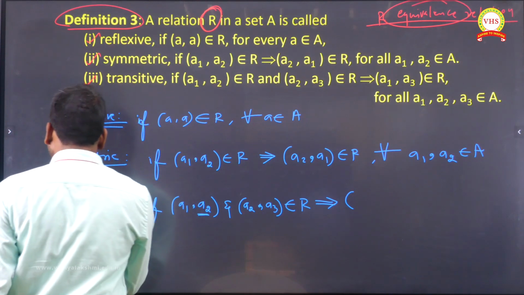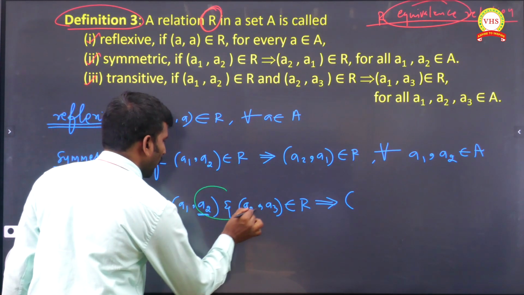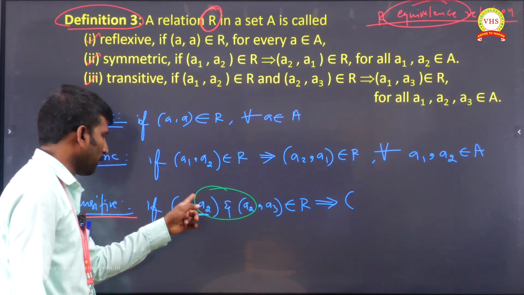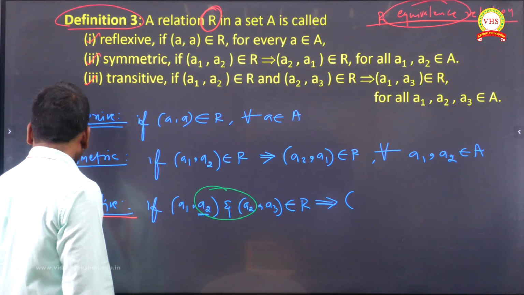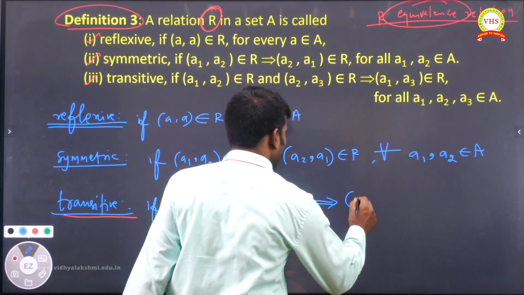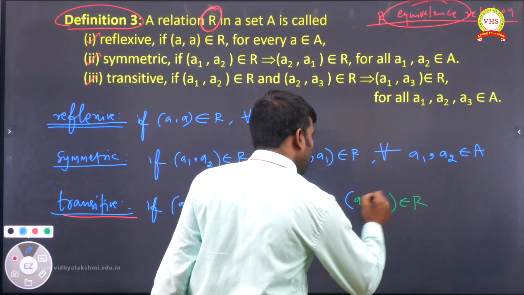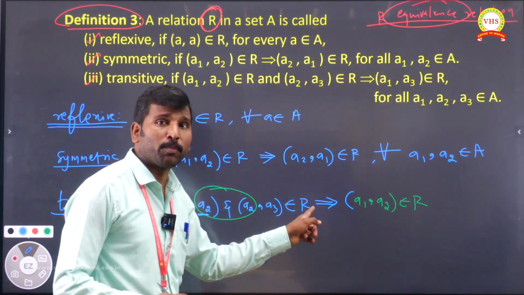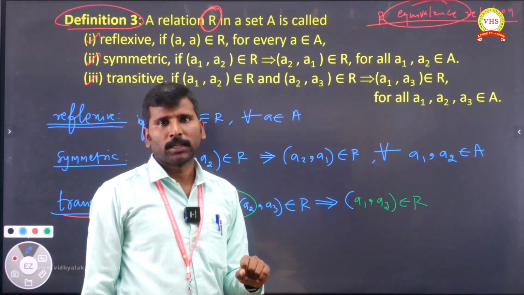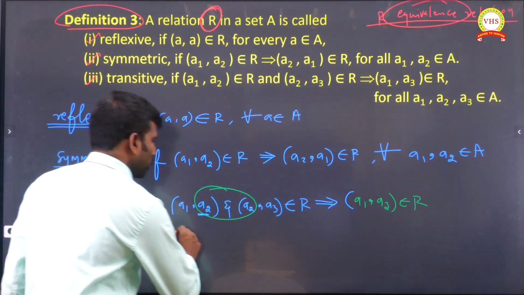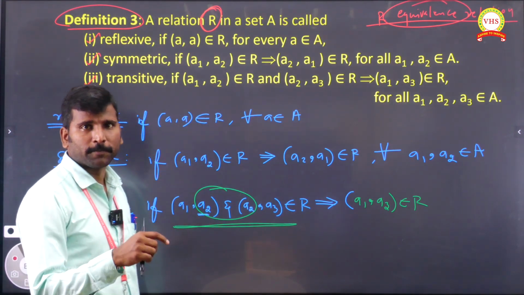The common element a2 is there, right? Without the common a2, the remaining pair is what I need as output. The output that I'm getting should be in the relation R. Listen carefully. First two should be in the relation.